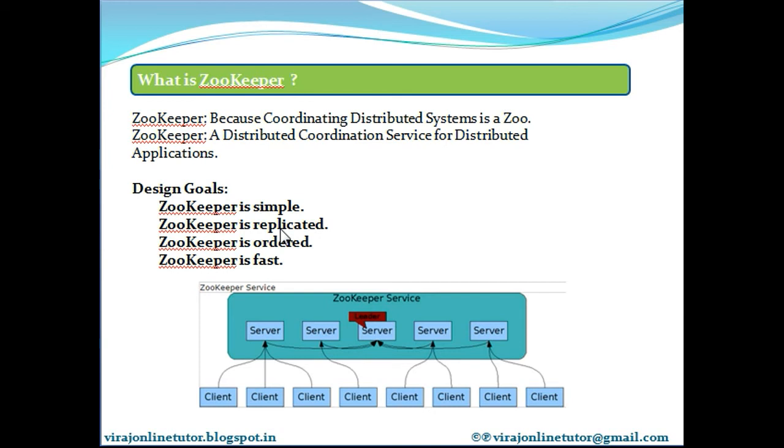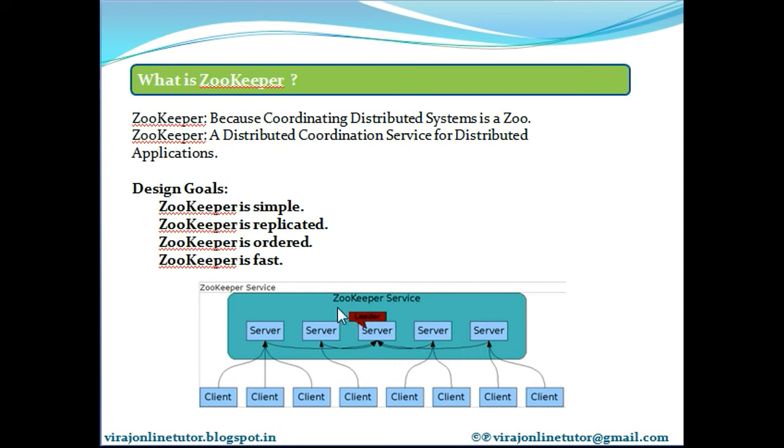If the TCP connection to the server breaks, the client will connect to a different server, because we have a set of servers making up our Zookeeper service. And that's where this replication helps us, right?